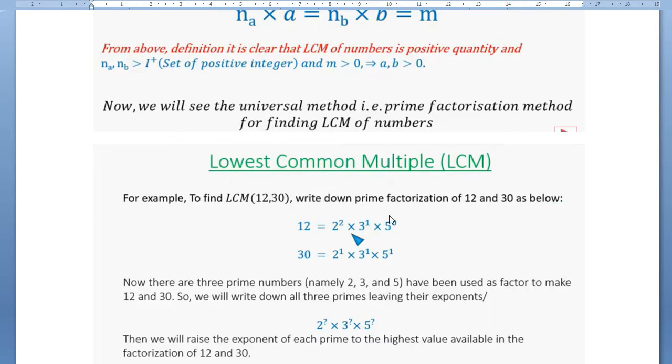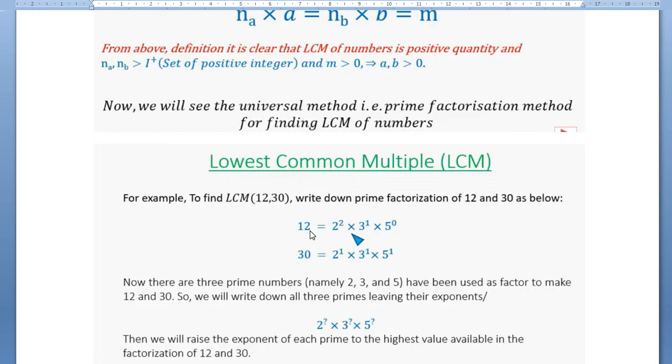We write down the prime factorization of 12 and 30 as below. The prime numbers are 2, 3, 5. So 12 can be expressed as 2 to the power 2, that is 4, into 3, that is 12.